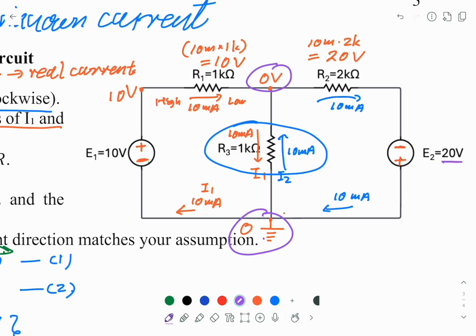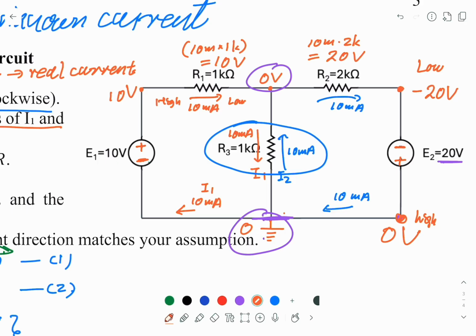There's no current flow. How about here? How to reconcile this 20 volt? Because we force this part as 0 volt, so this will be forced as 0 volt. But the voltage source just says this is high, the other side is low, and how much lower is 20 volt. So this point will be minus 20 volt in this case.